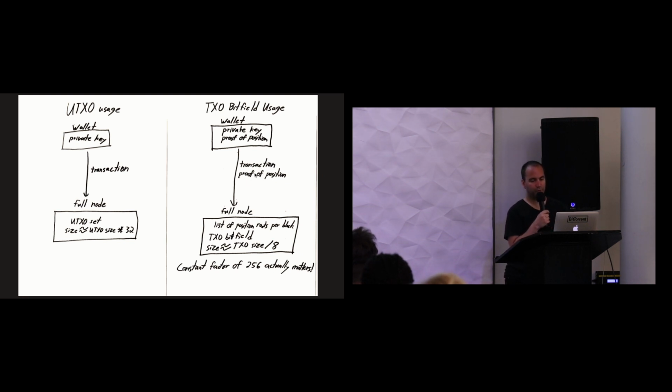So this goes to a full node, and the full node has to remember a little bit more than before. It has to remember a list of position roots per block. There are other trade-offs, but that's a reasonable trade-off to make.